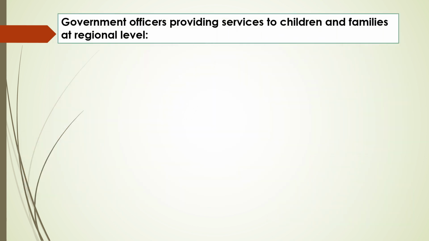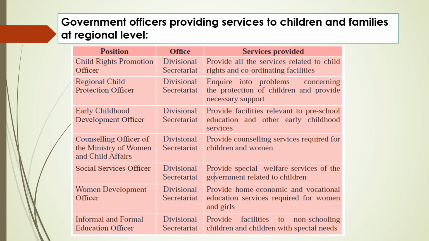Now, government officers providing services to children and families at regional level. As children, you must know about the officers, and there are many types of officers who work in the organization. Now we will see who the officers are. In the first column, their positions are mentioned.